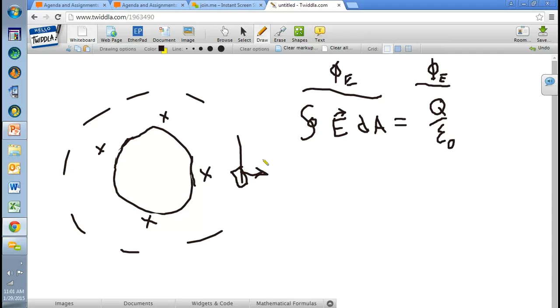And can you see again that E field is pointing in the exact same direction as my A vector? And that E field is constant everywhere through my Gaussian surface. So it's going to be E times the area of my Gaussian pillbox, which is 4 pi r squared. And that's going to be equal to the charge enclosed again, Q, over epsilon naught.